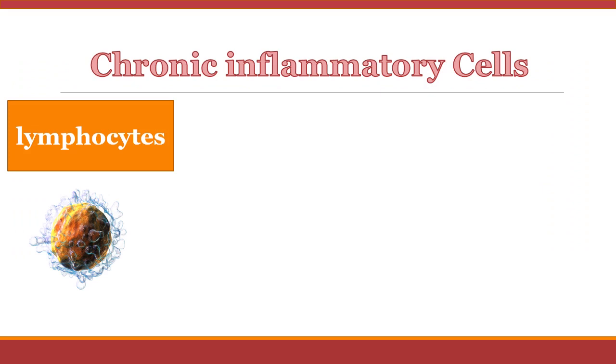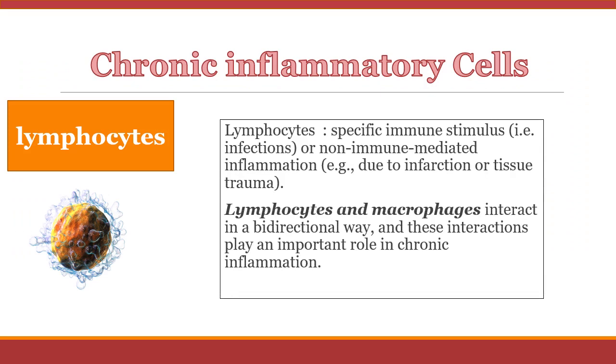The next cell we will talk about in chronic inflammation is the lymphocyte. The lymphocytes can be stimulated by specific immune stimuli like infections, or it can be non-immune mediated, something like trauma, something like death of tissue or infarction. This is the meaning of tissue necrosis, or death of parts of tissue in certain organs.